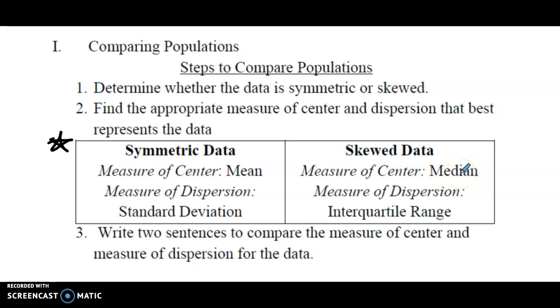And the measure of dispersion that goes with median is the interquartile range, or IQR. And then at the end, when we calculate all the calculations that we need, we're going to write two sentences to compare the measure of center and the measure of dispersion. So one sentence will be comparing the measures of center, and one will be comparing the measure of dispersion of the data.